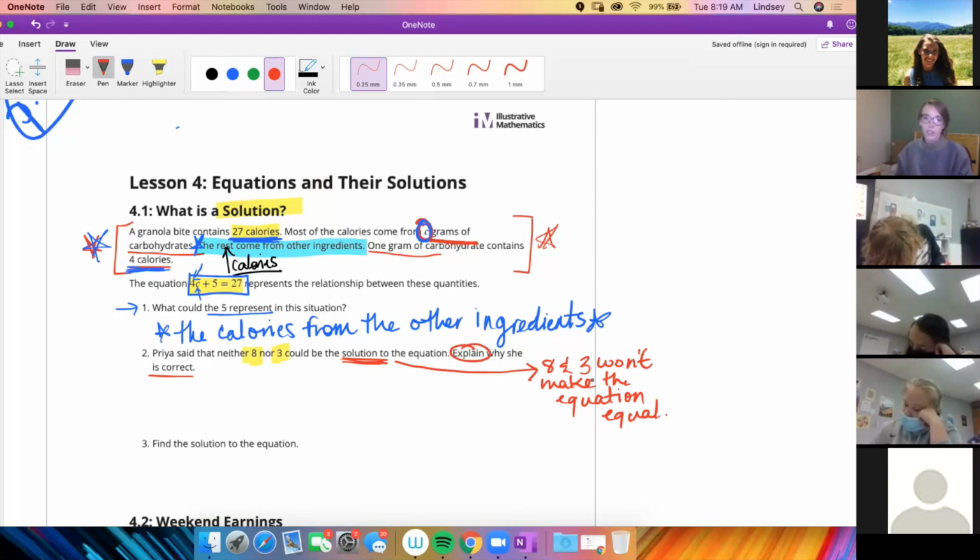So this is what she just said, because she said they are not a solution. She's saying that they won't make the equation equal. How can we prove that or explain it? How can we prove that 8 and 3 won't make the equation equal? Like plugging it in. We can plug it in, okay? So basically she's saying that C equals 8 and C equals 3.